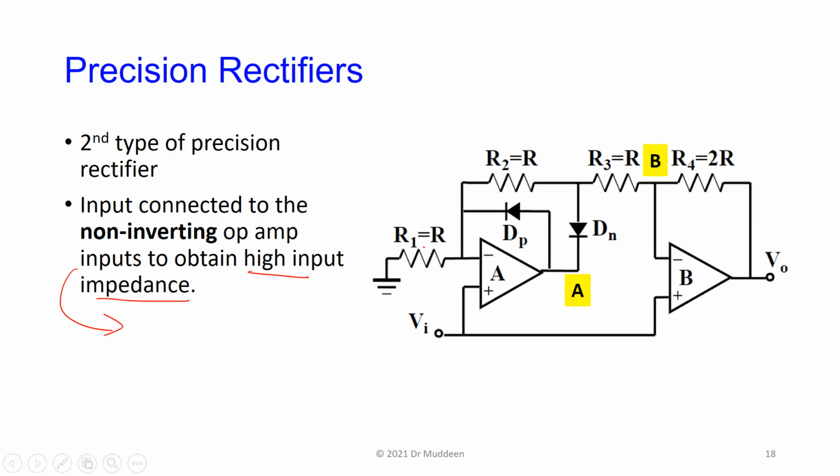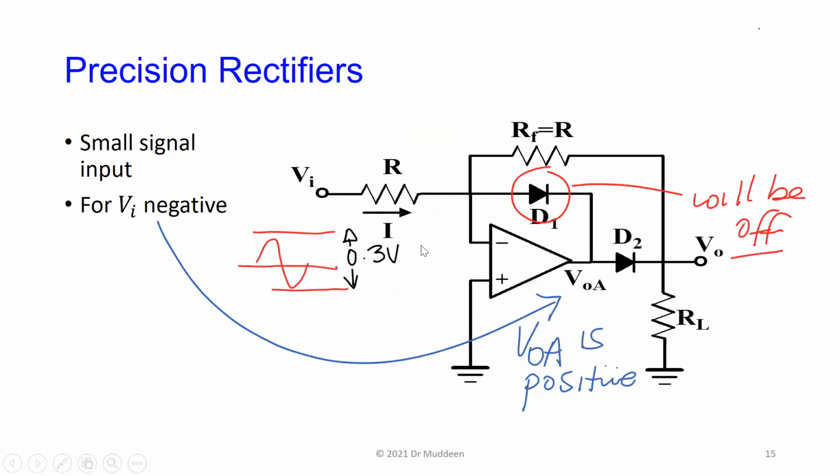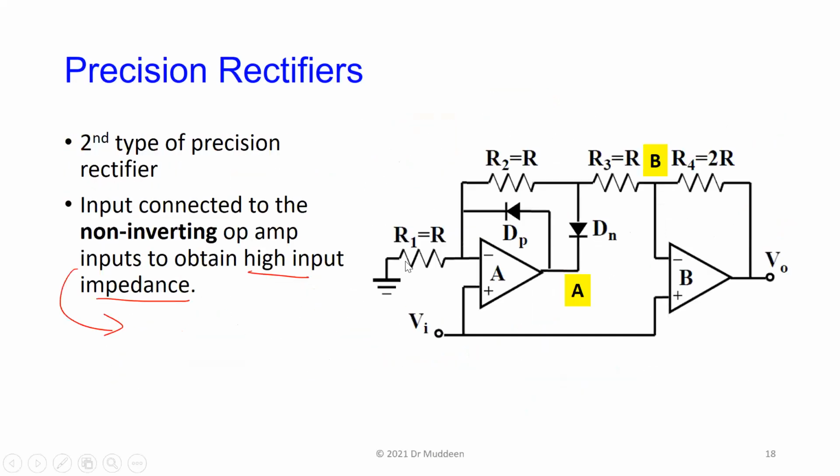The inverting input, if you were to go back here, because of the virtual earth behavior, here is essentially ground, so that a signal coming in sees an input impedance of just R. Typically, for a normal op-amp, these might be 10K resistors. So the input impedance for this will be 10K, which is quite low.